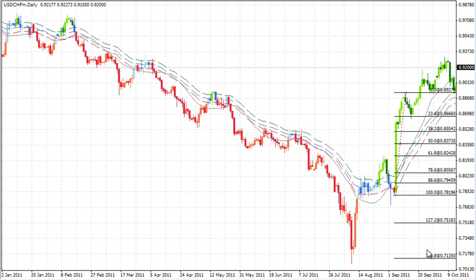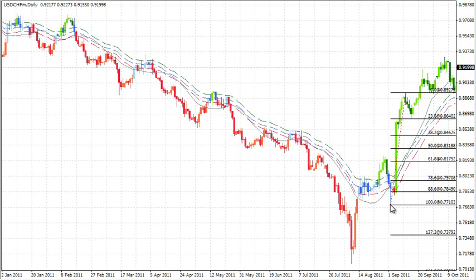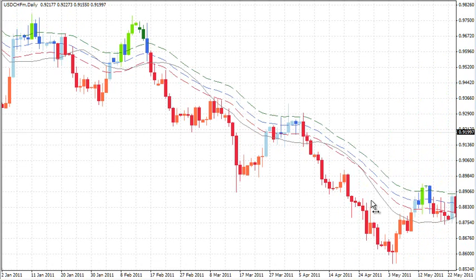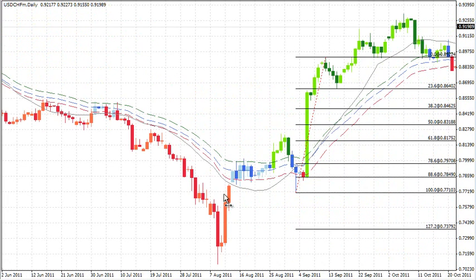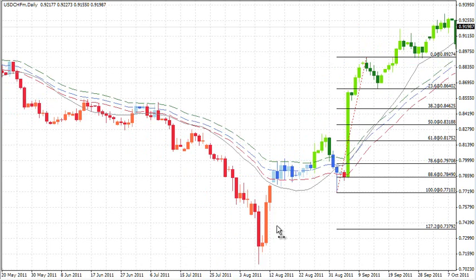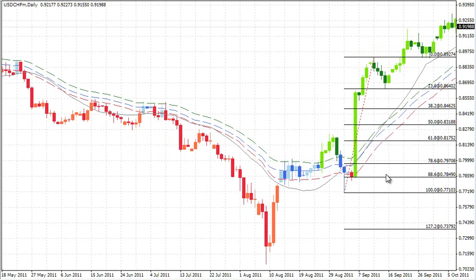Now, by the way, some of you might say, well, Raghee, why'd you pick that low versus this low? Well, let's talk about last major move again. And this is really up to you guys. This is the difficulty of subjectivity. And again, we're talking about using the support of this level versus the support of this level.